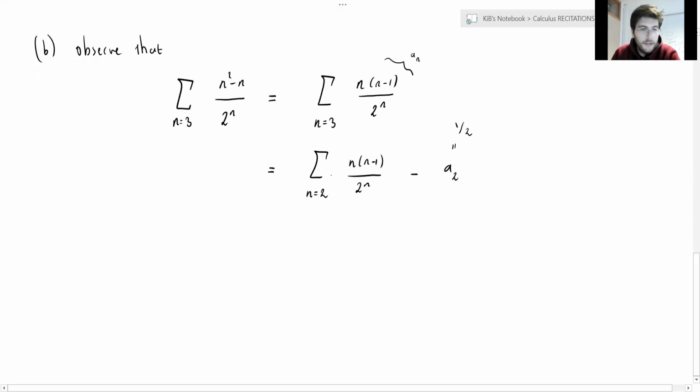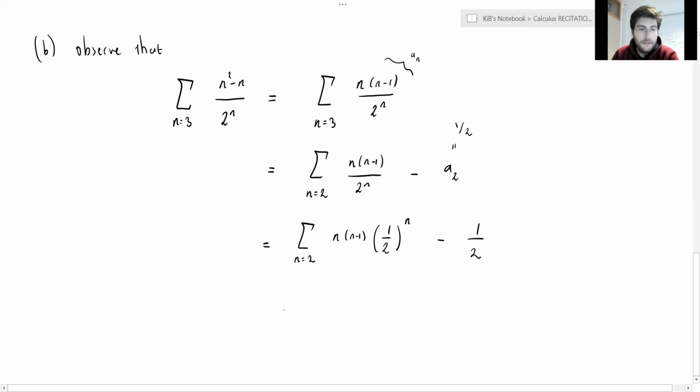So why are we doing this now? If you look carefully, maybe one more step, n starts from 2, n times n minus 1 times 1/2 to the power n minus 1 over 2, right?